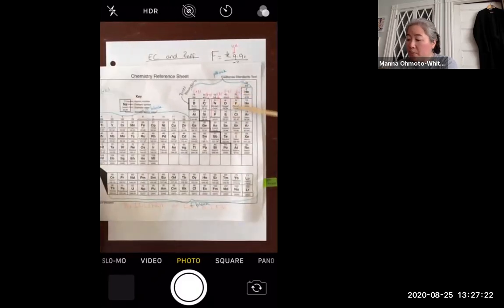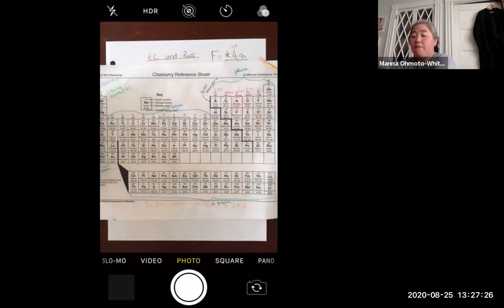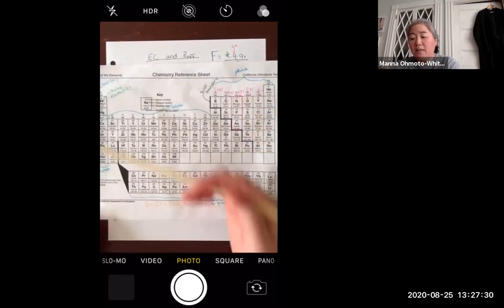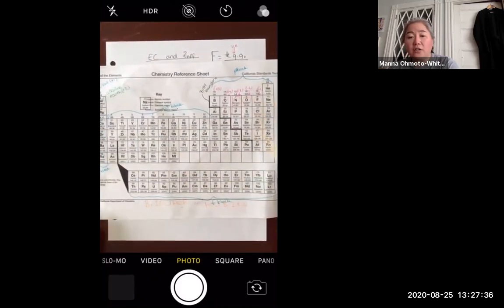So as I go down the periodic table, I'm going to have a very large decrease in Z effective because my valence electrons are not only farther away from the nucleus, but there are many more electrons between it and the nucleus. One of the reasons we use noble gas core is that it tells us right away how many electrons are there as shielding electrons.